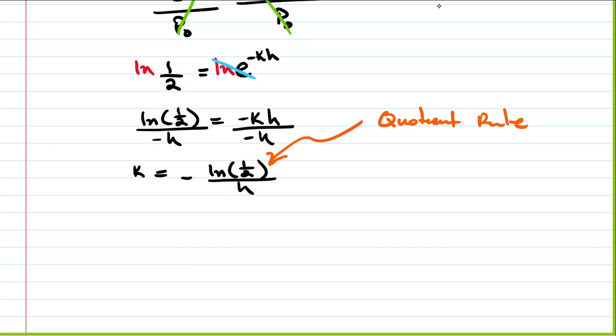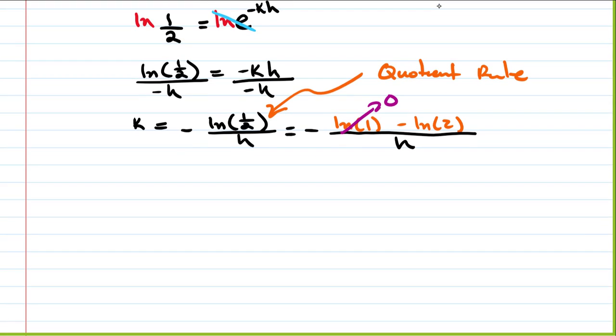So by the quotient rule, that's the natural logarithm of 1 minus the natural logarithm of 2 all over h, and we have a minus sign out in front. The natural logarithm of 1 is equal to 0, so then that gives us a minus minus. So finally, minus minus ln 2 gives us positive ln 2 over h.